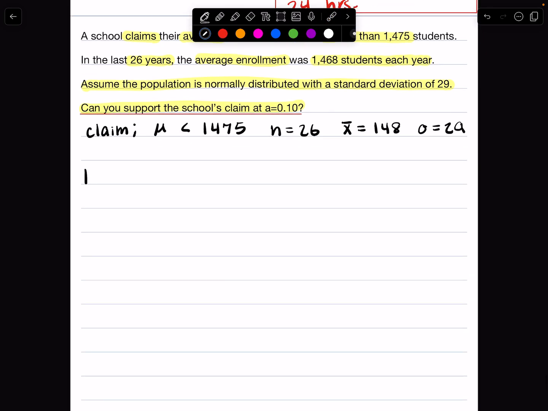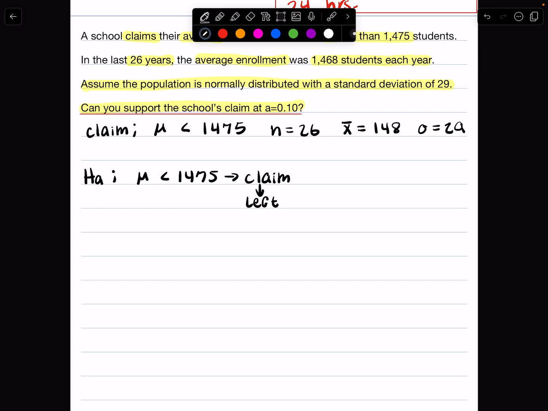And so our alternative hypothesis, H sub A, is that mu is less than 1475. That is our claim. That is a less than claim, which means that we are working with, again, you should be able to tell me at this point, a left-tailed test. Okay, so since it's a less than, we are working with a left-tailed test.